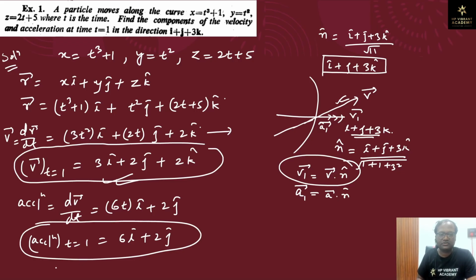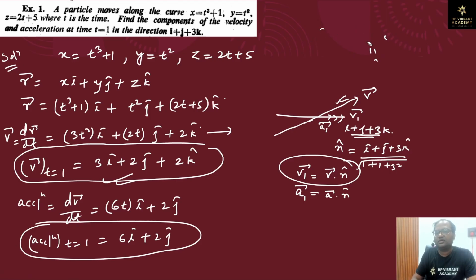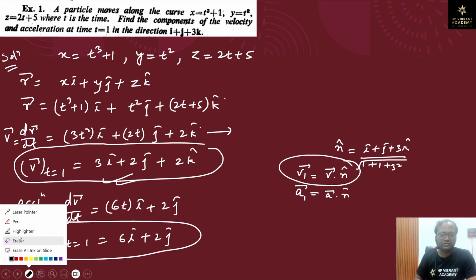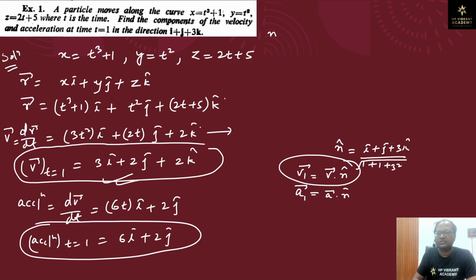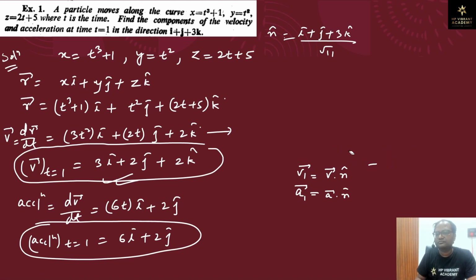Let us find the component of velocity and acceleration in the direction of i cap + j cap + 3k cap. The unit vector is (i cap + j cap + 3k cap) upon root 11. Let us find the component of velocity.